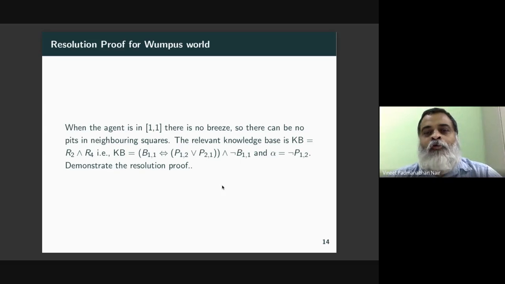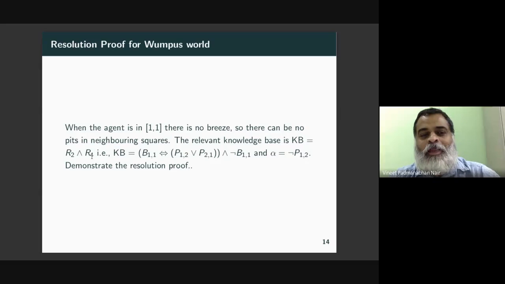Again, just to refresh your memory, when the agent is in 1, 1, there is no breeze. So there can be no pits in neighboring squares. Therefore, the relevant knowledge base is R2 and R4, because this R2 and R4 I gave earlier. If you remember, I don't know whether you have noted it down.